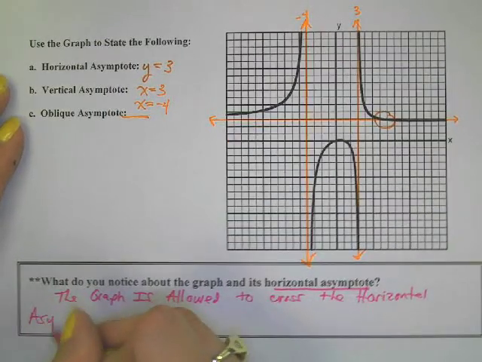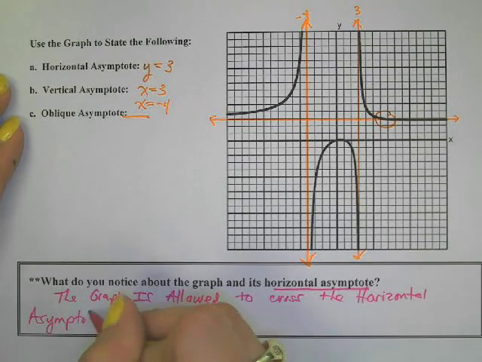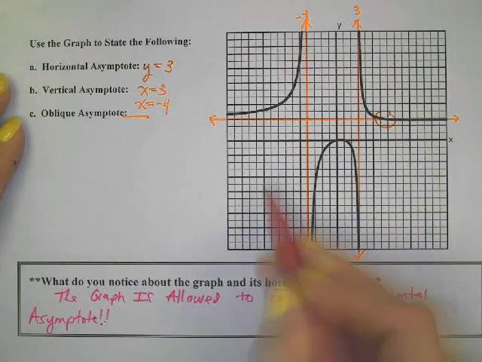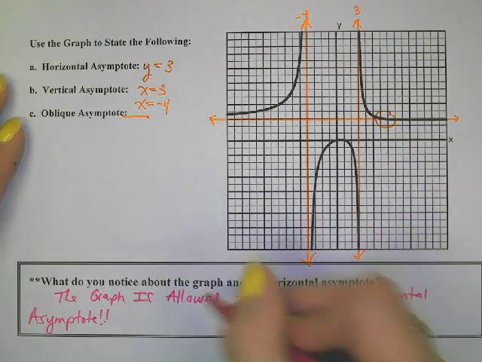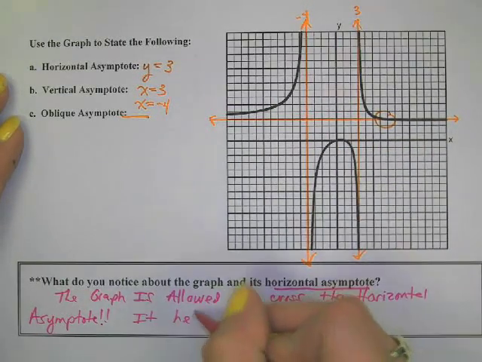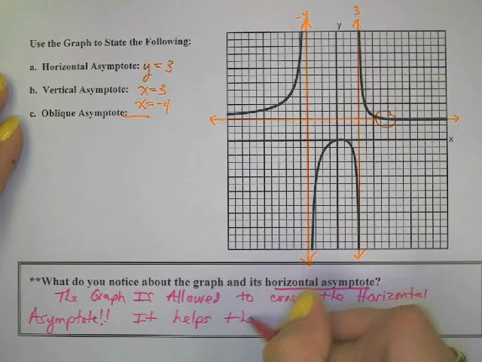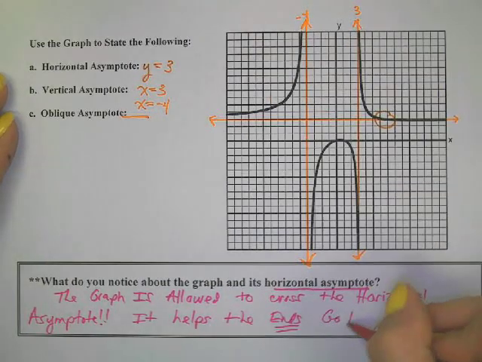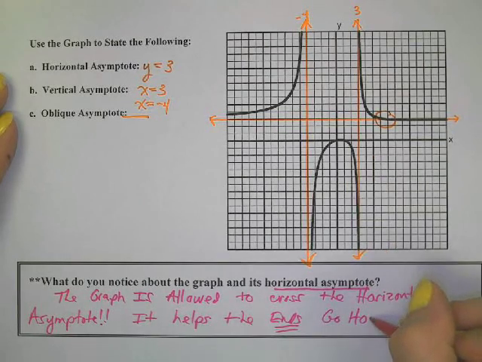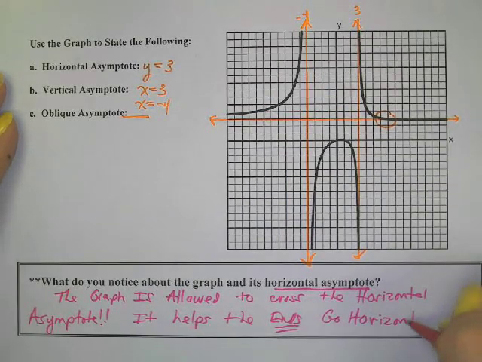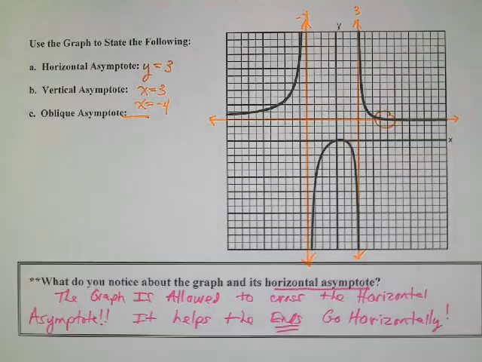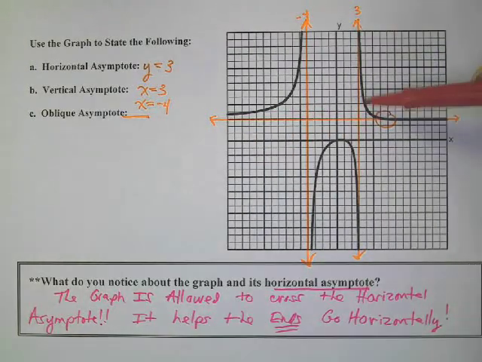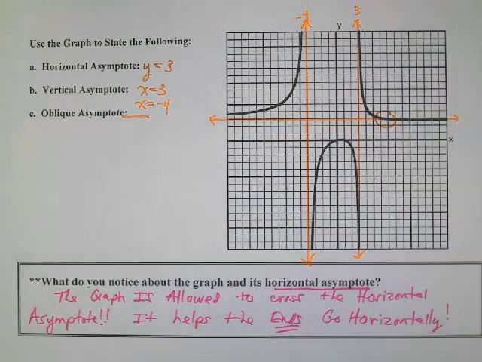The reason that asymptote is there is for the ends. It helps the ends go horizontally. It does not dictate what happens in the middle. It helps the ends go horizontally, so you can cross it as long as you start approaching it there at the end.